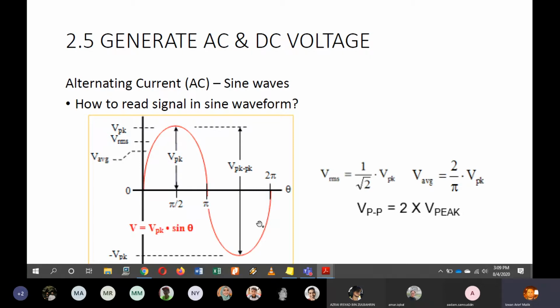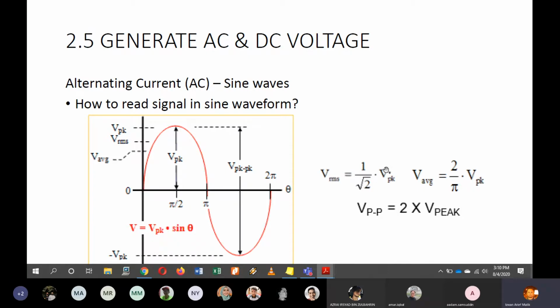And then we have our VRMS. The equation for VRMS is 1 over square root of 2 times V peak. So let's say your V peak just now is 10 volt, so your VRMS will be 7.07 volt, because 1 over square root of 2 is 0.707.